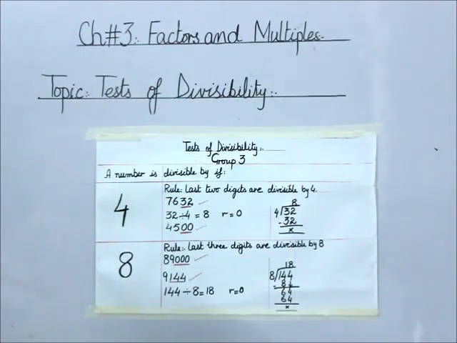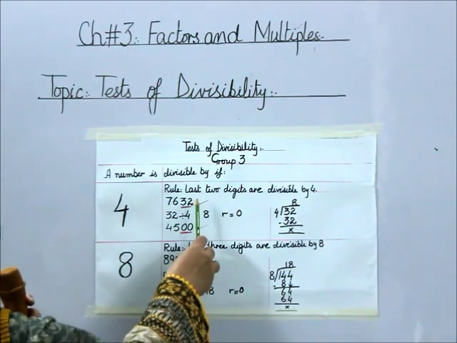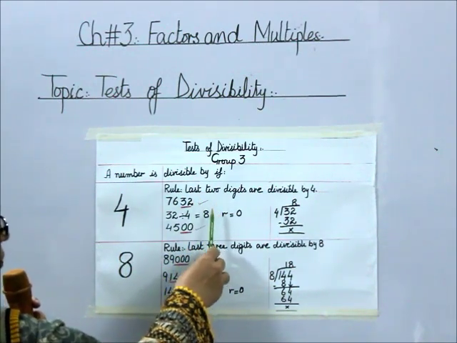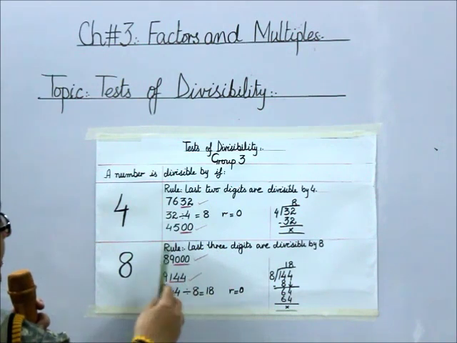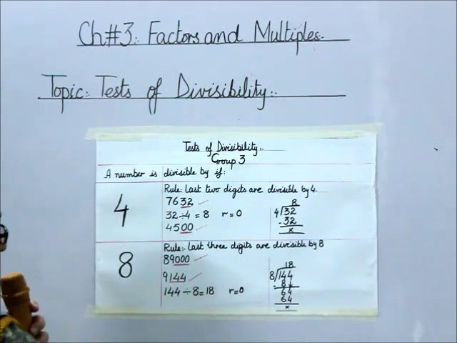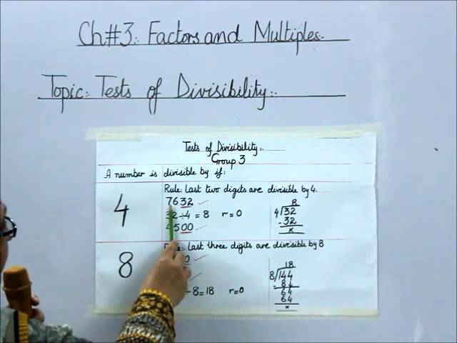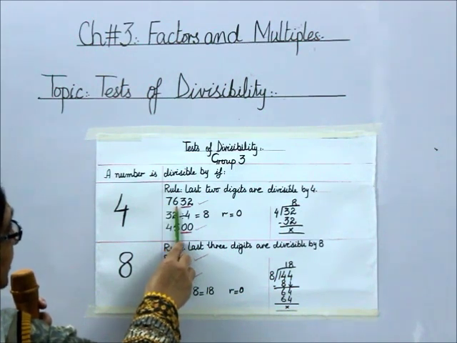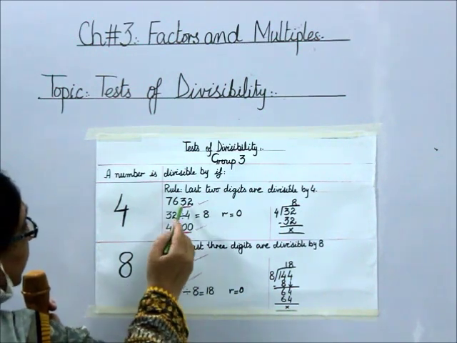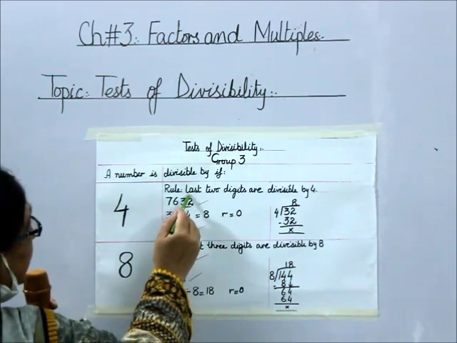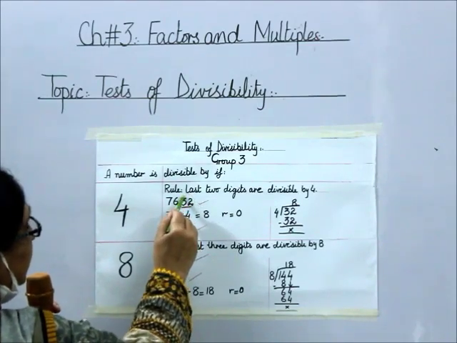Number 4 and 8 have similar rules. For number 4, the rule is the last two digits are zeros, or the number formed by the last two digits is divisible by 4. I have written a number over here, 7632, and the number formed by the last two digits is 32.